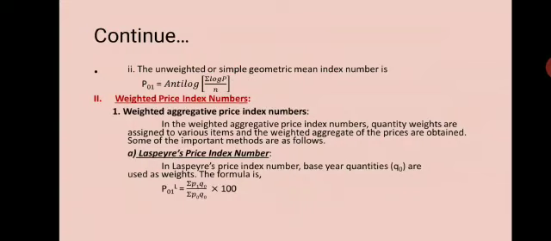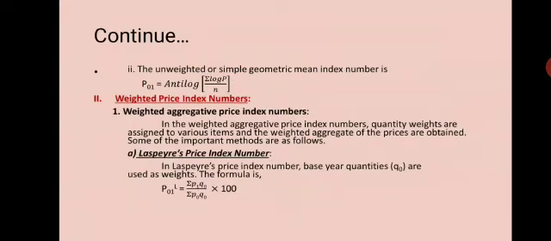Some of the important methods are as follows. The first method is last year's price index number. In last year's price index number, base year quantities, that is Q0, are used as weights.